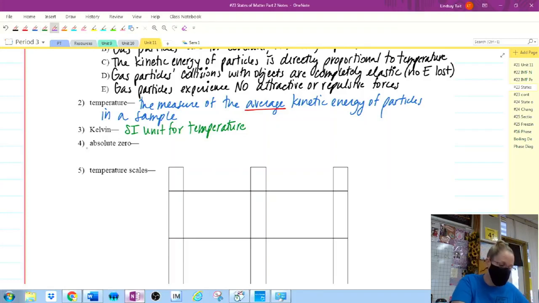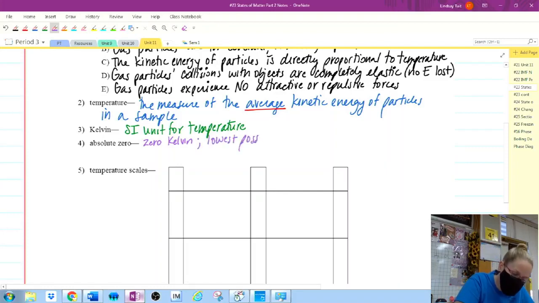The Kelvin scale is developed entirely on the idea of absolute zero. Absolute zero would be 0 Kelvin. That is where the scale was set. They made sure that 0 was absolute zero. And absolute zero is the lowest possible temperature of anything.